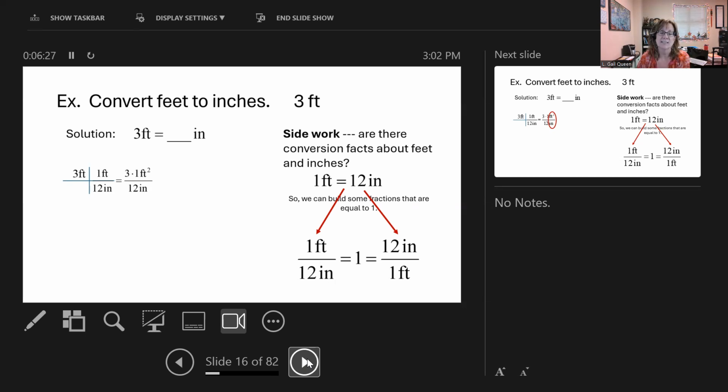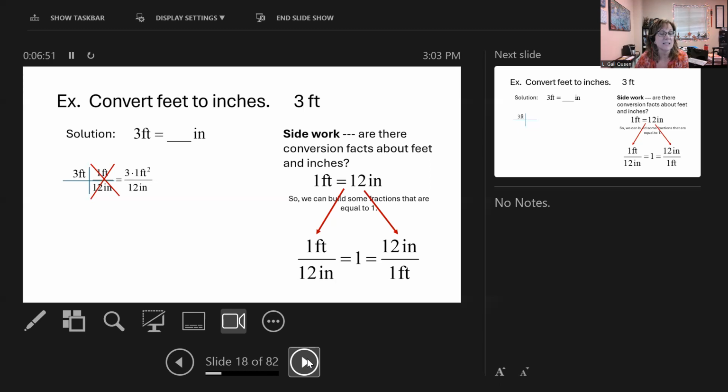So my question is, if I choose to multiply by this fraction that I chose, do I get the correct units that I want? Here's the units for my answer: feet squared over inches. Did they ask me to convert feet to feet squared over inches? No. So I chose the wrong fraction. I don't want to use that fraction.